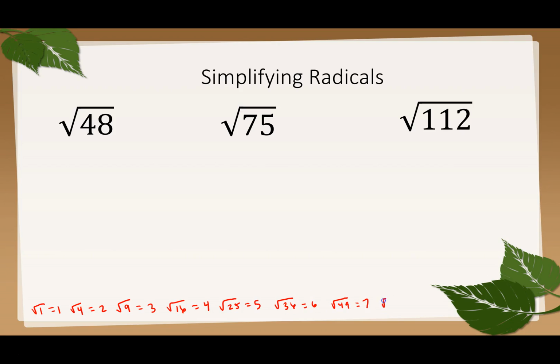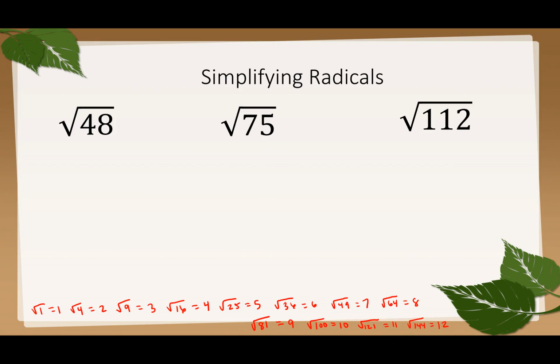Square root of 64 is 8. Square root of 81 is 9. Square root of 100 is 10. Square root of 121 is 11, and we'll stop after this one. Square root of 144 is 12.